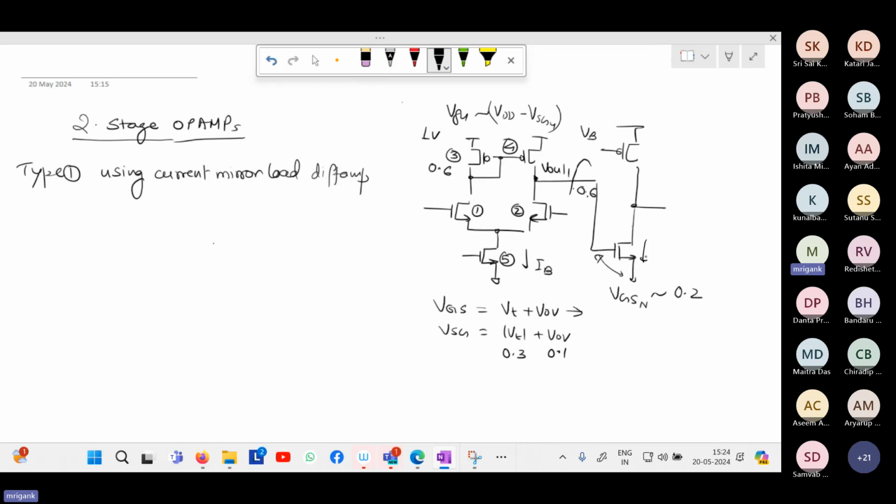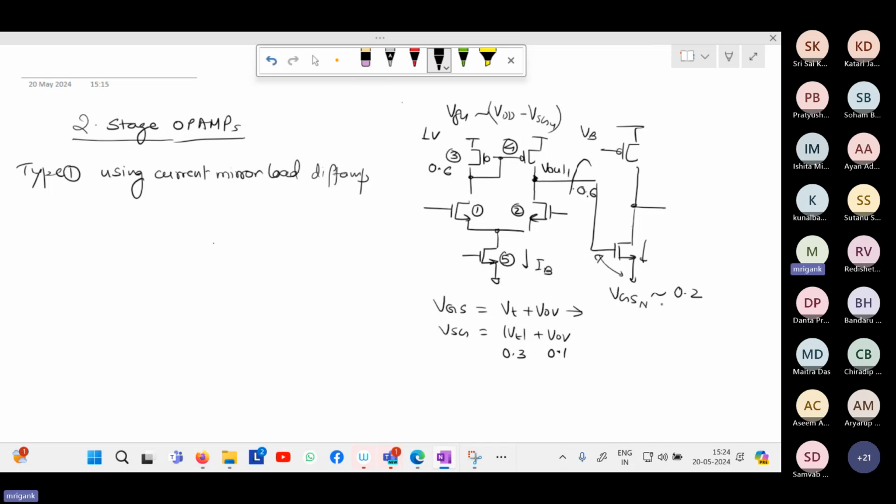So first of all, it will take more current, right? The DC current in this case will be controlled by the DC level here. So now the DC level here itself is 0.6 volt, and the overdrive voltage is now 0.2 volt.